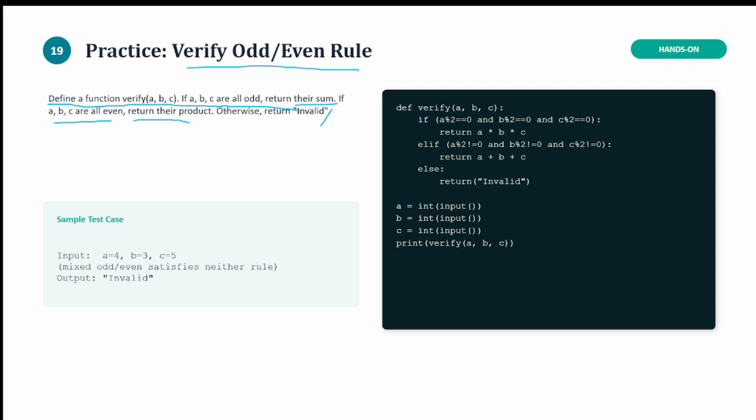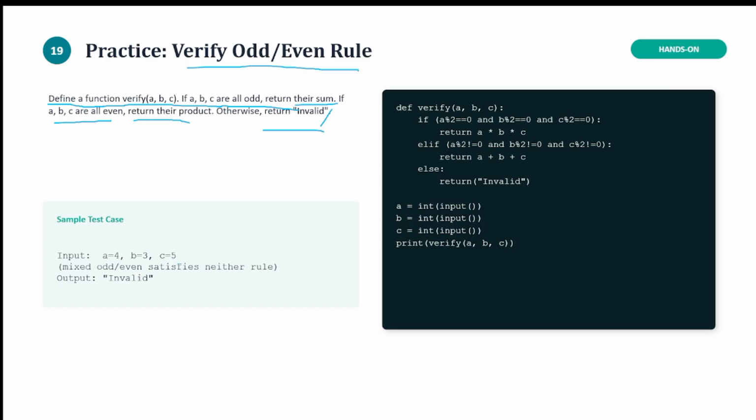Otherwise, if a, b, c are a combination of odd and even, let it be 1 2 3 or 4 6 1, we are going to simply return invalid. In the sample, you can see the input was a equal to 4, b equal to 3, and c equal to 5.